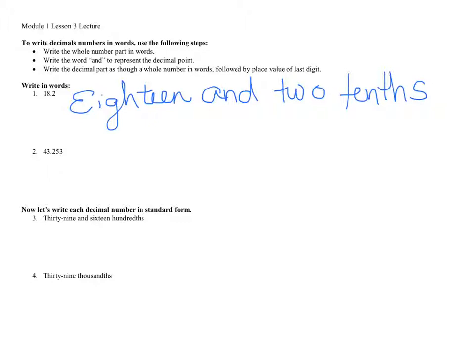For our next number, looking at 43.253, I'll write 43 for the whole number. I'll use "and" to represent the decimal place. Now, for the decimal, we see that as a whole number, it would be 253.